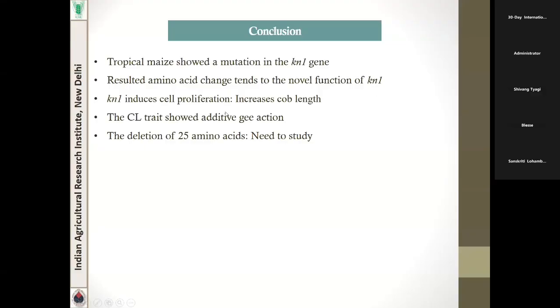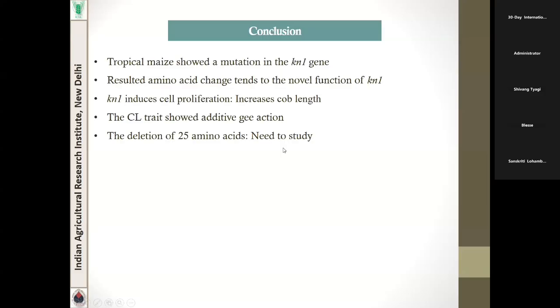KN1 induces cell proliferation, so as you have already understood, it is involved in the gibberellic acid pathway that might have increased cob length. And cob length showed additive gene action, as the hybrid studies decided. And what exactly happens at the expression level because of these 25 amino acid changes is what we need to study further.